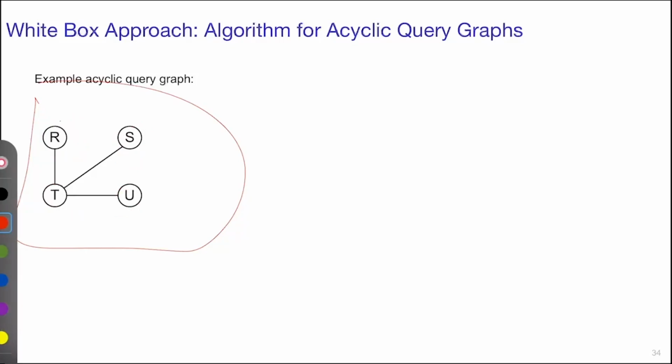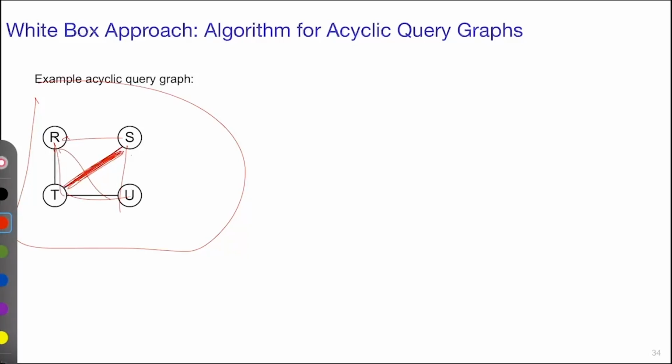Those are the nodes, and I put an edge into this graph if there's a join condition. So the edge between T and S signals that in the SQL query there was a join condition, could be T.id equals S.T_ID or something like that. Whenever there's a join condition, I put an edge there. If there's no join condition, I don't put an edge. If there's no edge, that implicitly means it's a cross product.